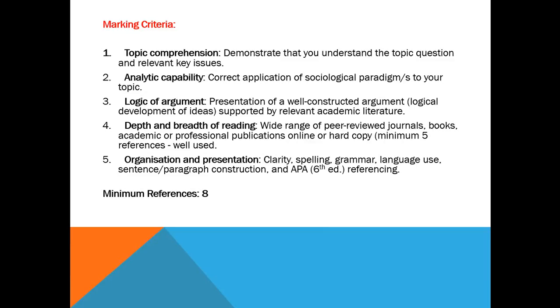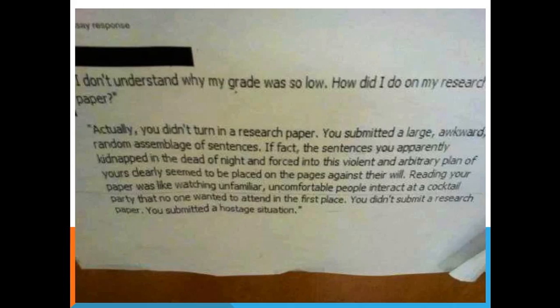Is it a well-constructed argument? Have you tied in the references well? Have you talked about the topic well and analysed it well from the different perspectives or from your sociological paradigm? So this really is just, does the essay flow? Does it seamlessly all link together? And your minimum reference is 8.